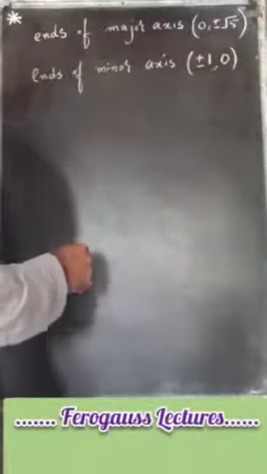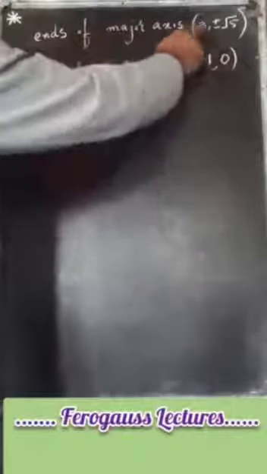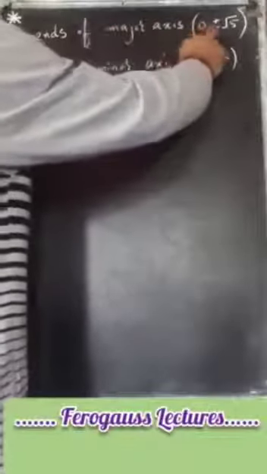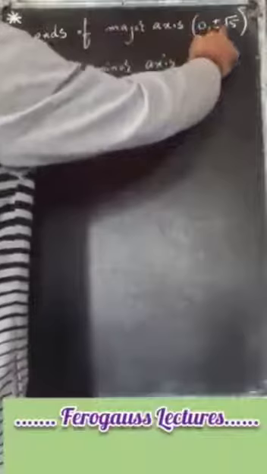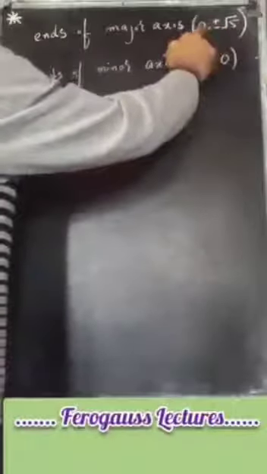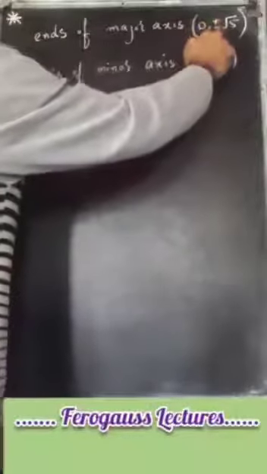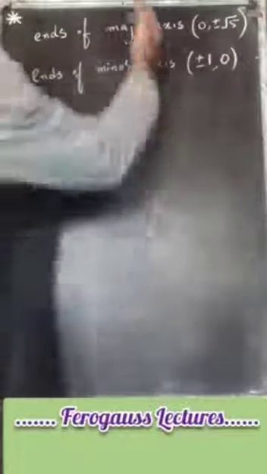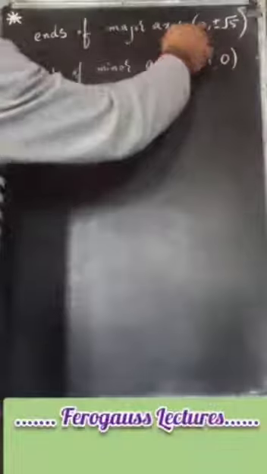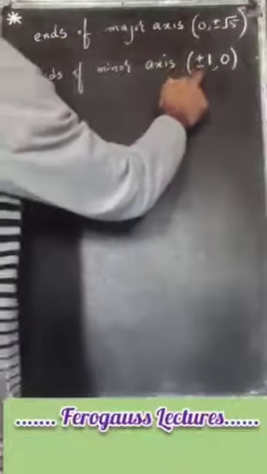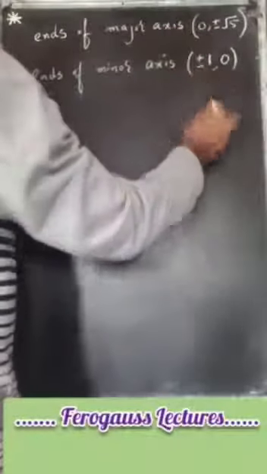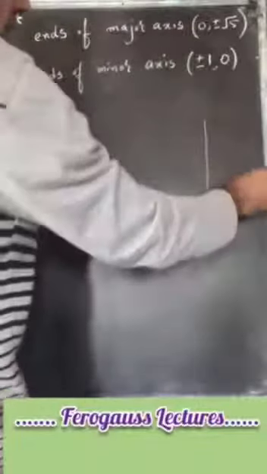Okay, since the coordinates of major axes are 0, plus minus square root of 5, x coordinate is 0 and y coordinate is plus minus square root of 5, that means major axis is along y-axis as x is 0 and minor axis is along x-axis. So the ellipse is like this.